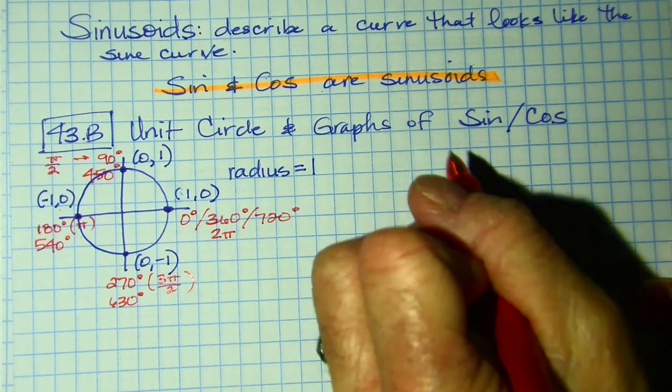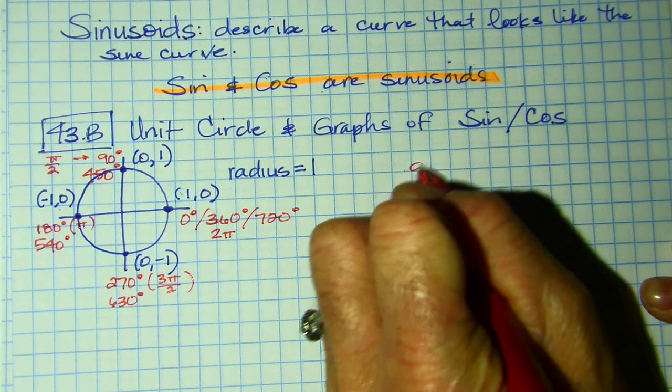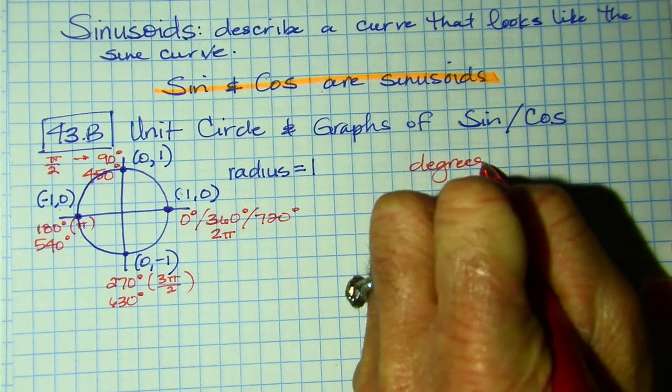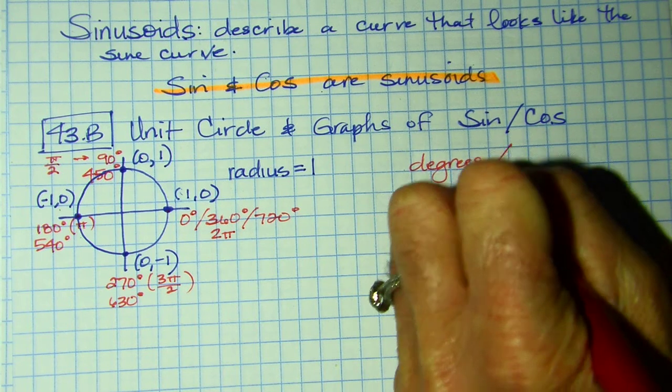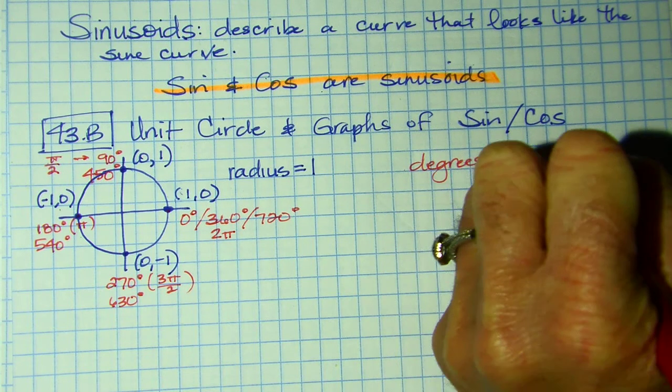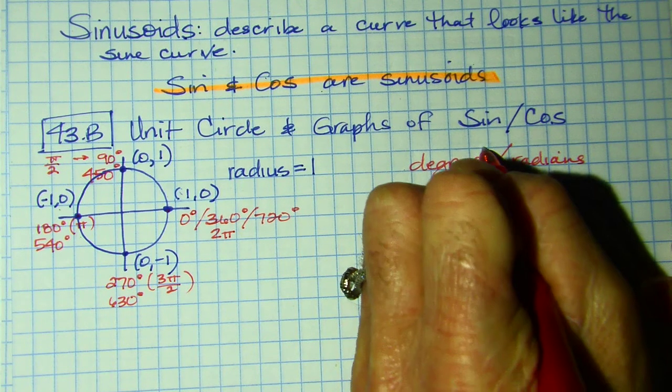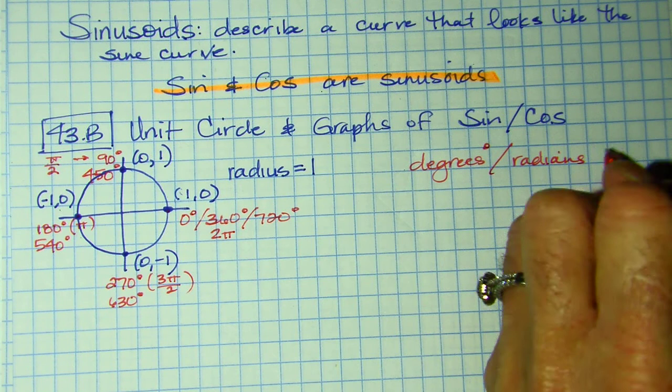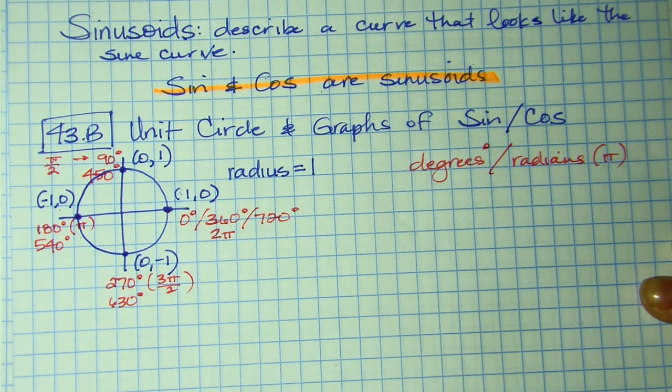So I want to also go over a couple of things. We've got degrees, and we have radians. Degrees are when we have the little bubble. Radians are when we have the mention of pi. Okay, so know that we're going to have both.